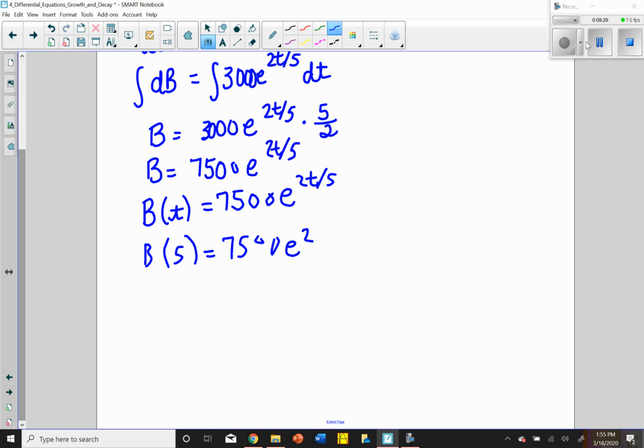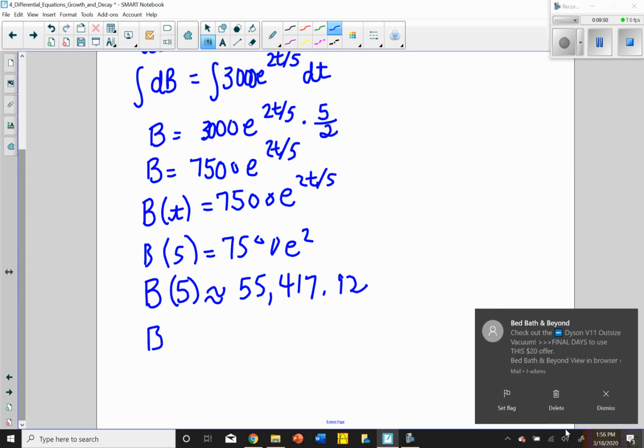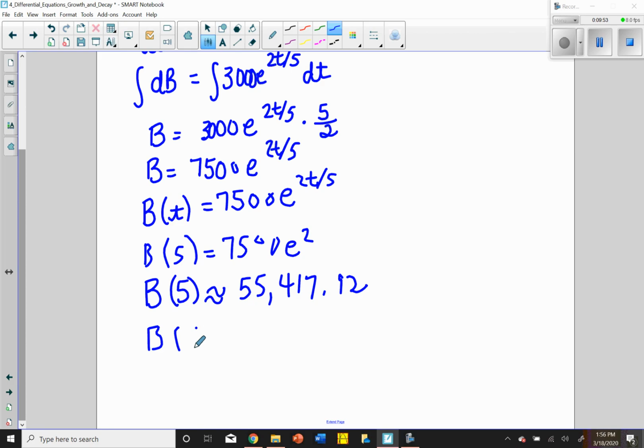And using our calculator, b of 5 is exactly 7,500 e squared, or 55,417.92 bacteria, or roughly, if we rounded to the next whole number, about 55,418 bacteria present when time is 5.